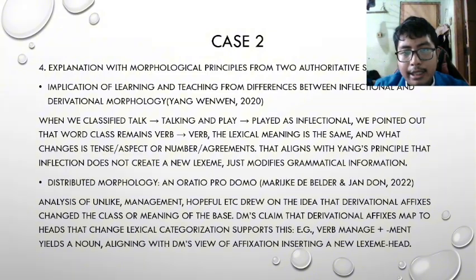DM claims that derivational affixes map to a head that changes the lexical categorization, which supports this. For example, the verb manage plus -ment yields a noun, aligning with the DM view of affixation inserting a new lexeme head.